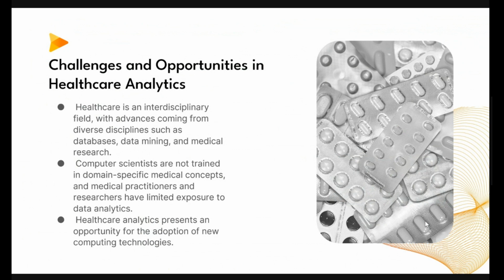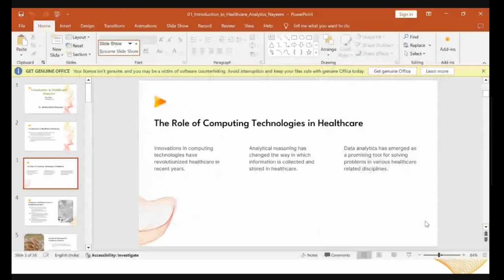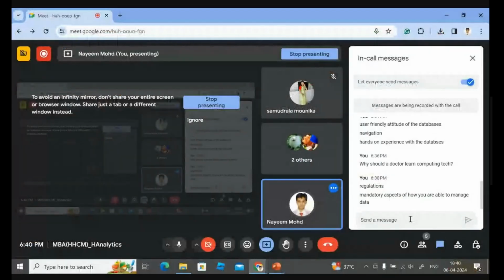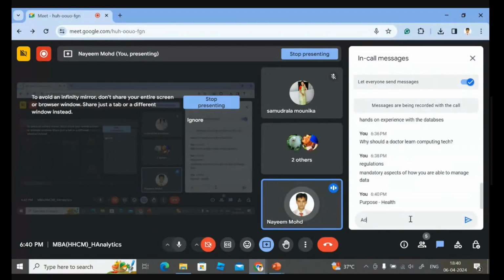So which one is crucial is very difficult to say. Is it the analytics part which is crucial, or the health part? Purpose wise, it's the health. But administrative side, it is the computing technologies.